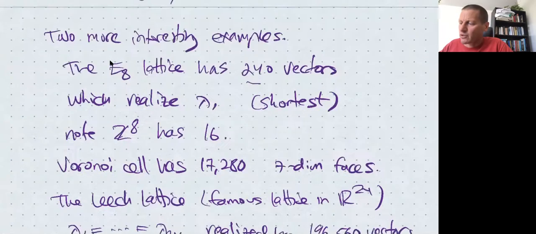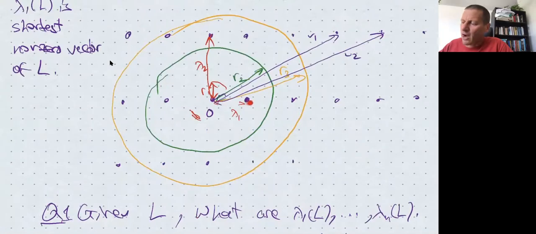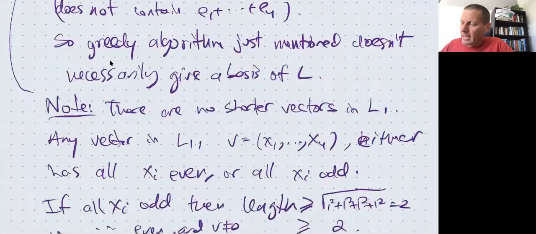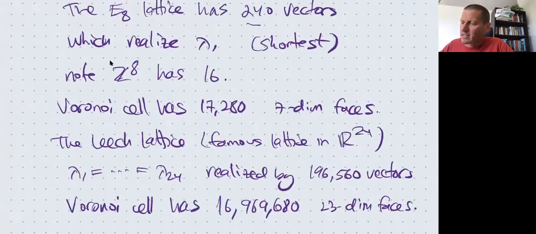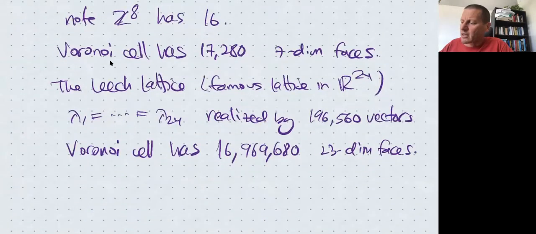Maybe they're closer to the example that I drew here, where it's obvious when you look at the picture what the shortest vector is. Well, the answer is no. The answer is that in many technical senses, most lattices look like the Leech lattice or the E8 lattice, in the sense that they have lots and lots of competitors for being the shortest vectors. There are lots and lots of vectors of almost the same length.